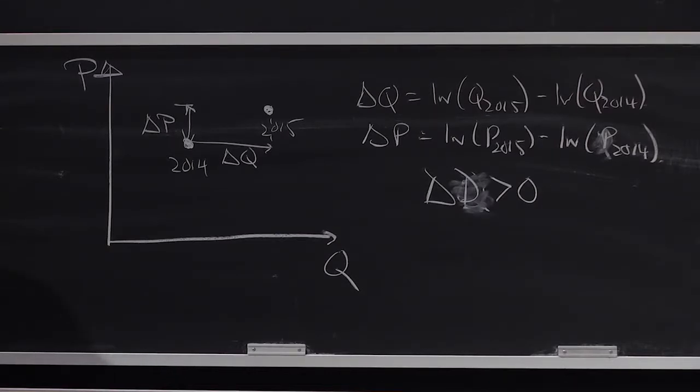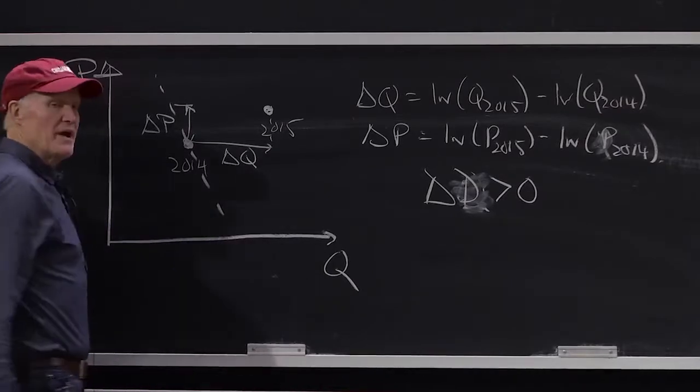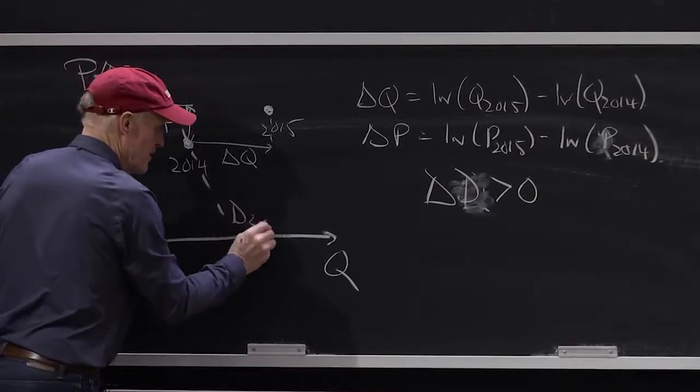How much did the demand curve move? At a minimum, whatever the demand curve was that went through that point, right? Everybody agrees there was a demand curve that went through here.